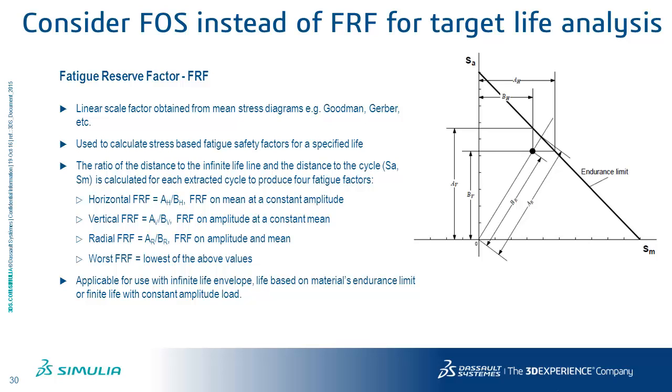And you may have 3 ratios: one is vertical, one is horizontal, and the last one is radial. fe-safe reports all those 3 plus the worst FRF, which is the minimum of all those 3.